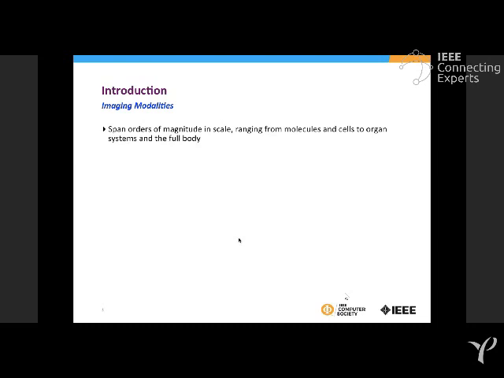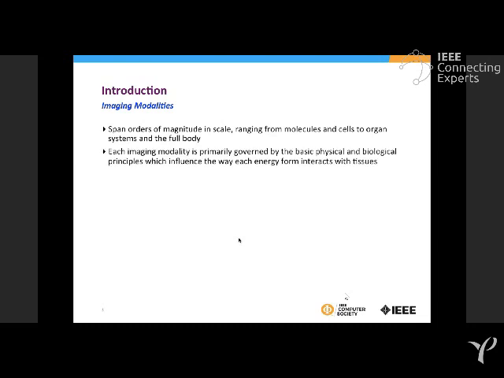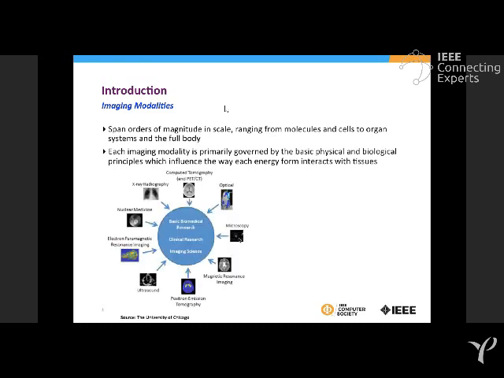Now I come back to the imaging modalities. There are various forms of imaging modalities, and they are so varied because each modality has a different kind of interaction with the body organs, and generates a different interpretation of the structural or functional information of those organs.